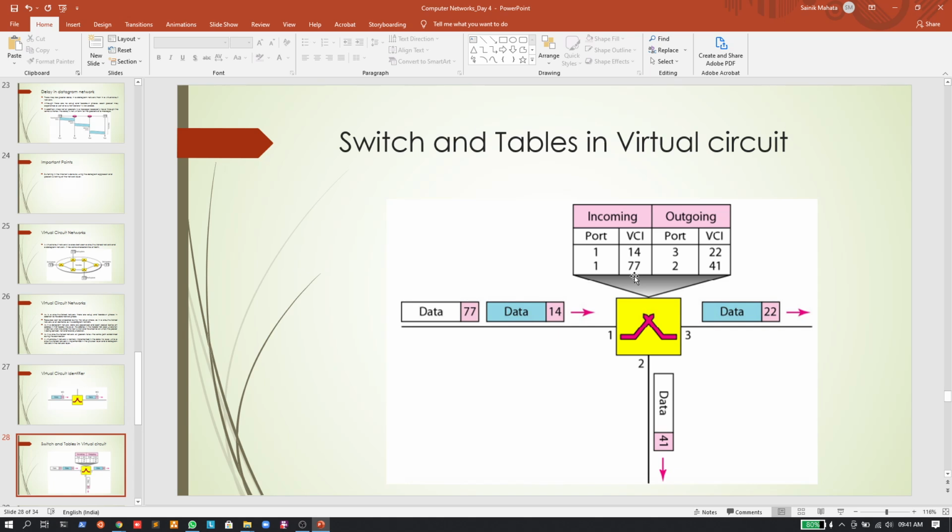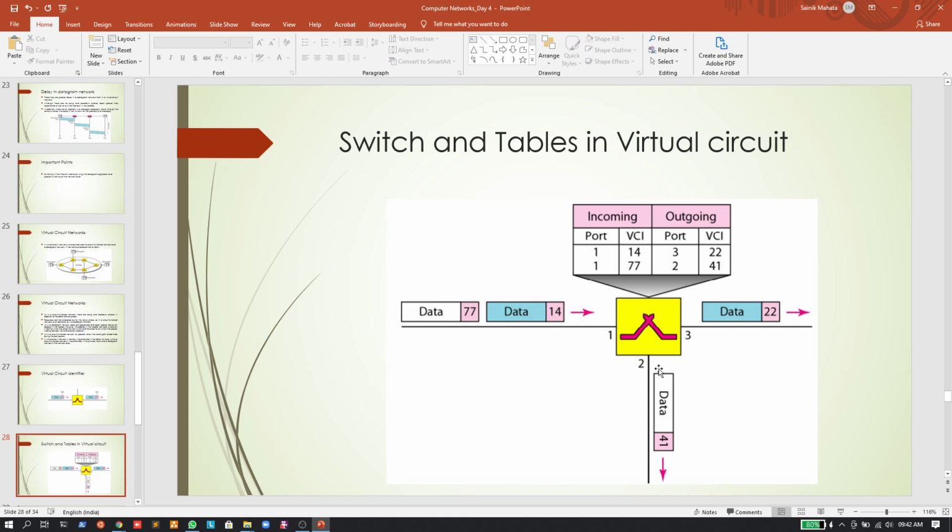From this switch there are two packets that are outgoing, one from port number 2 and one from port number 3. On the outgoing side of the table there is an entry for port number 3, and then there is an entry for port number 2.